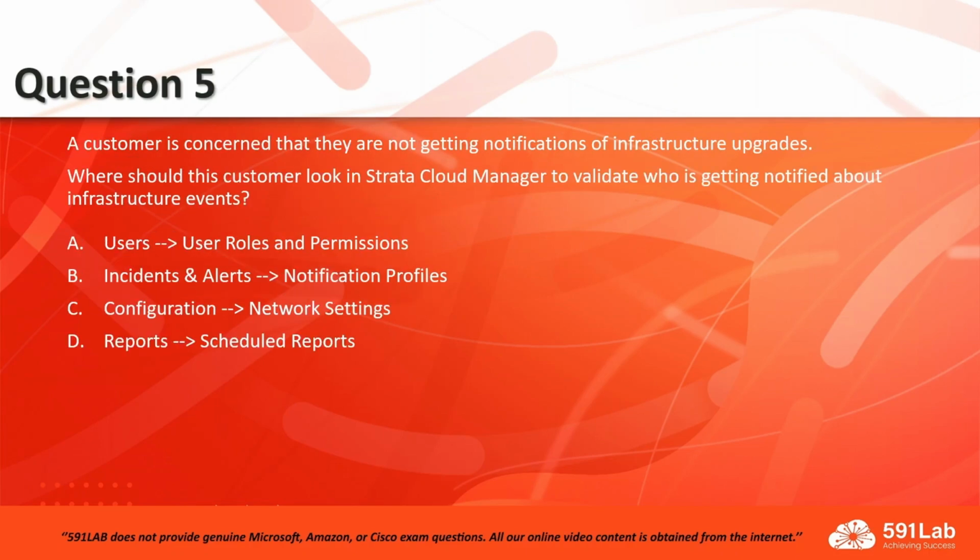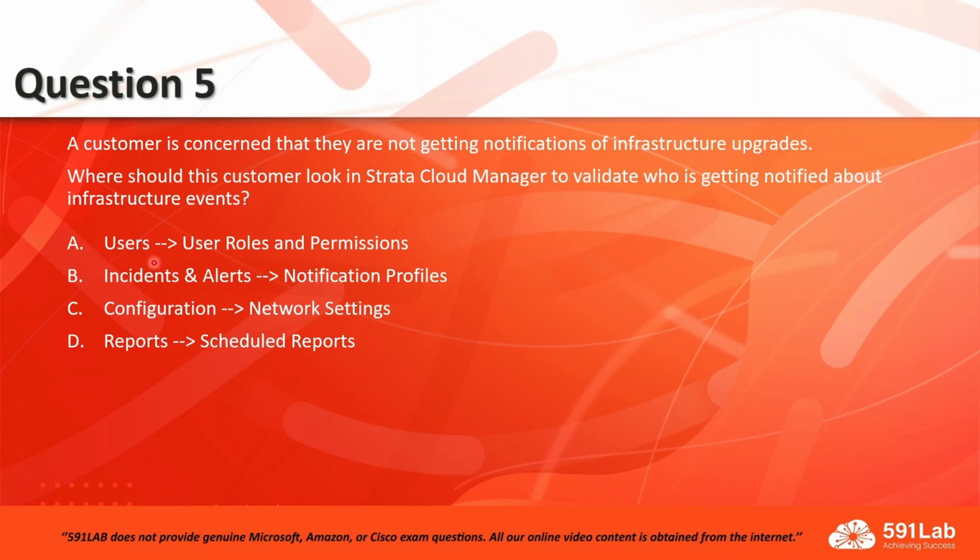Let's discuss question number 5. Question number 5 is as follows. A customer is concerned that they are not getting notification of infrastructure upgrades. Where should this customer look in Strata Cloud Manager to validate who is getting notified about infrastructure events? The options are as follows.